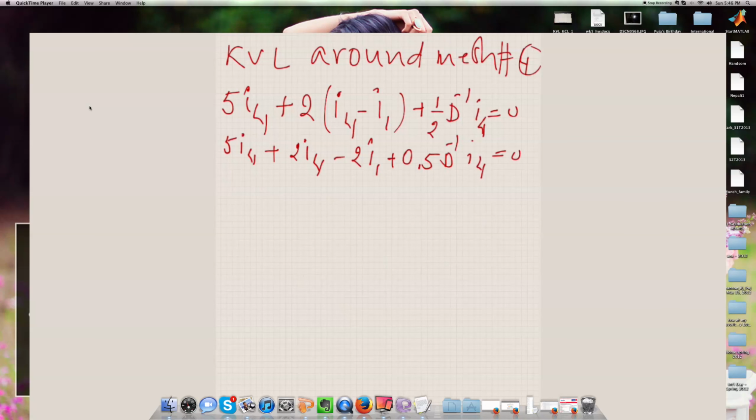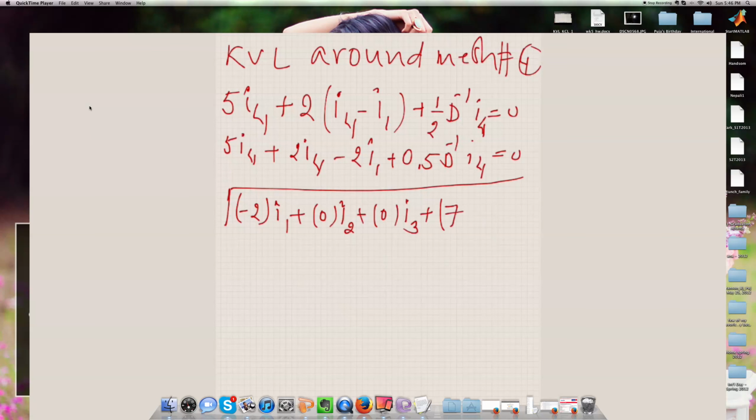By reorganizing, we have another box here, folks, which is minus 2 I sub 1 plus 0 I sub 2 plus 0 I sub 3 plus 5 and 2, 7, plus 0.5 D inverse I4 equals 0. So this is the 4th box.